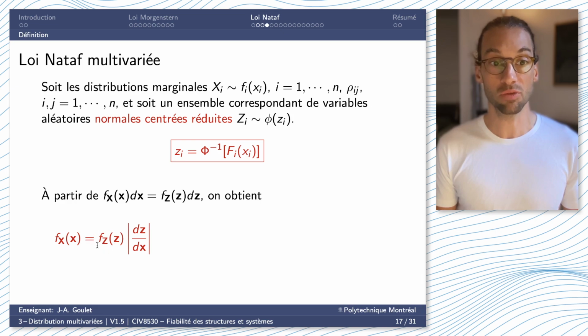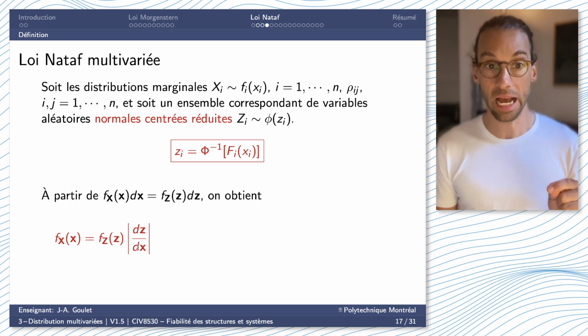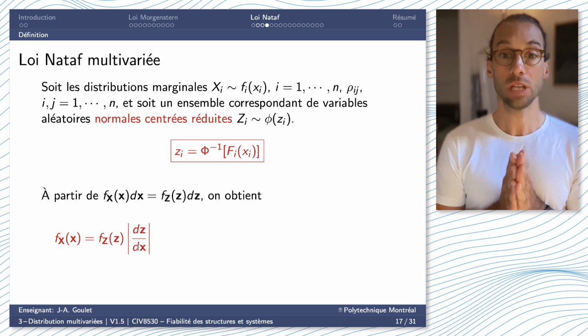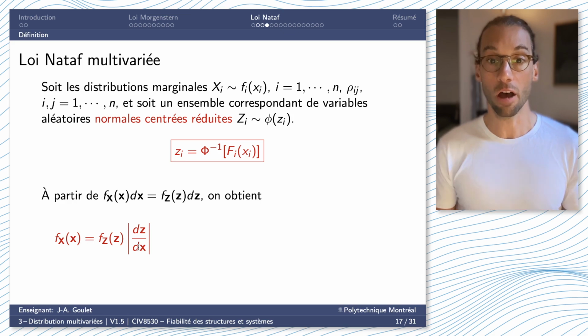And then I'm going to transform back to the original space by simply applying this change of variable rule, where this represents the determinant of the Jacobian, because what we see here, dz dx, is a Jacobian matrix, which represents the partial derivative of each ith distribution from the z space up to the original x space.